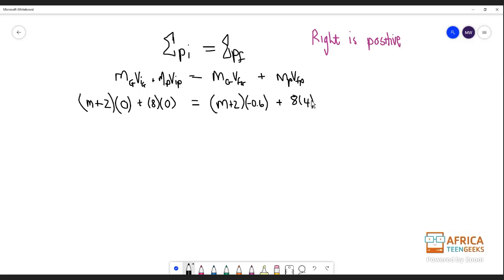So then if you calculate this, it is 0 is equal to, and I'm just going to multiply out my bracket, negative 0.6 m minus 1.2 plus 32. And then I'll move my 0.6 m to the other side.